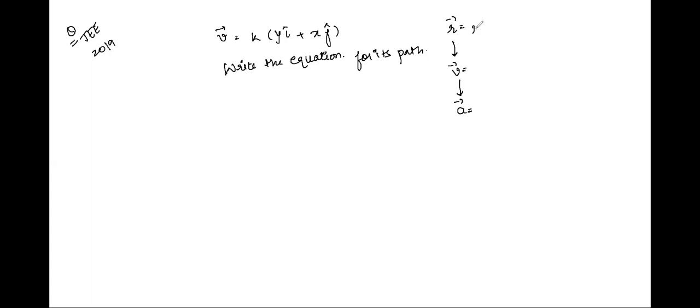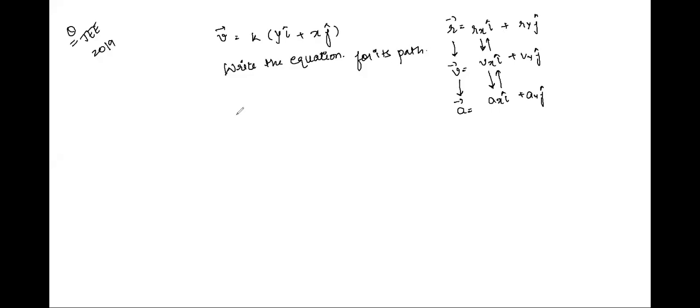Let's say this is Rx i cap plus Ry j cap, and here you have Vx i cap and Vy j cap. Similarly, Ax i cap plus Ay j cap. Now when we differentiate this, we get Vx. When we differentiate Vx, we get Ax. If you do the reverse, you will get the integral of the respective quantities and thereby the answer.